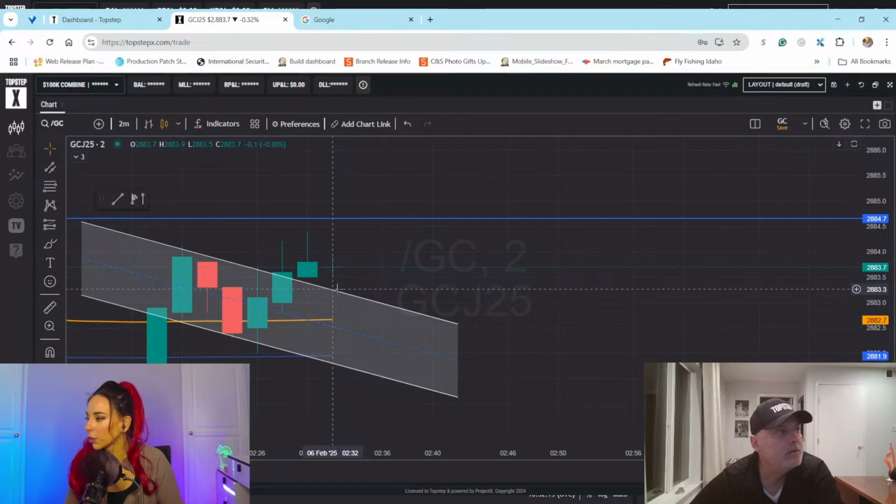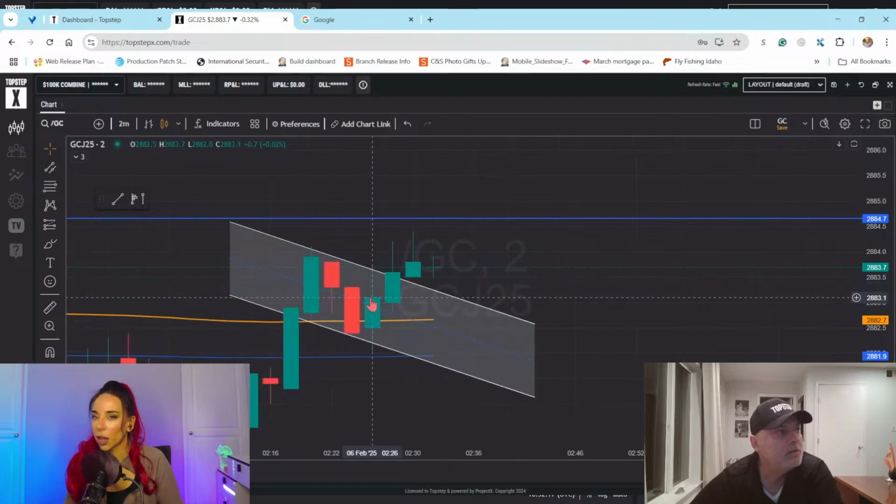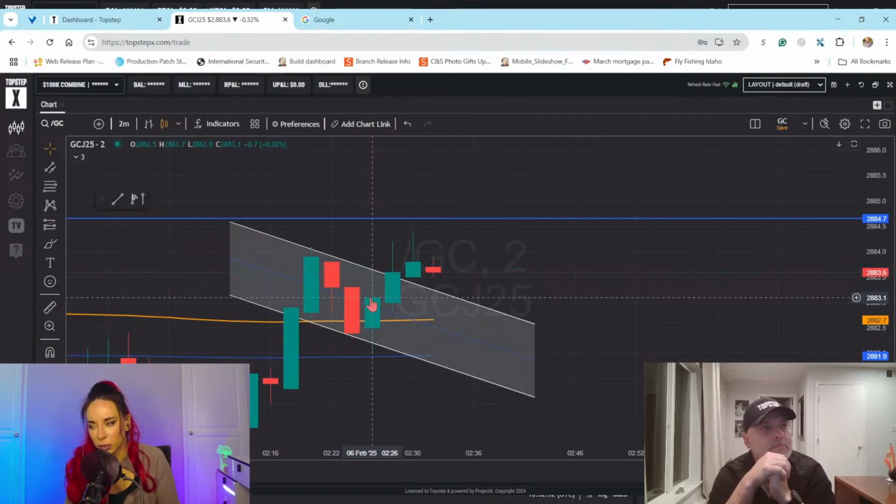But weirdly, I don't have Dow. I'm just looking at my combine and there's no Dow. I don't even remember how combines work anymore; I haven't been in them for a while. I know I don't have it on my live because I don't pay for it.